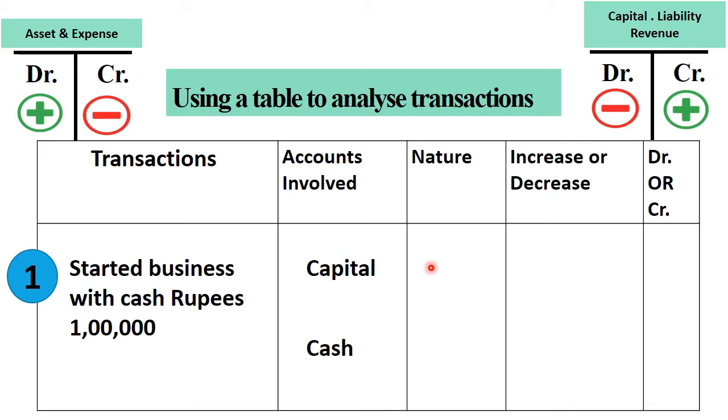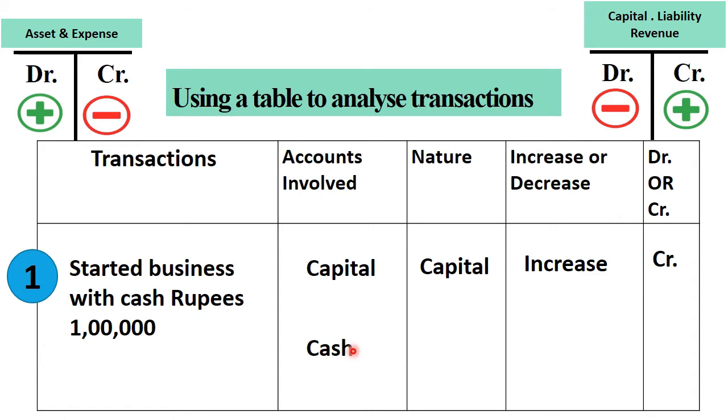So obviously the nature of capital according to modern approach is capital, and when we are starting business, obviously our capital is increasing. Now let us find out if capital increases, what we do. It says it is credited, so we are going to write in this table credit.